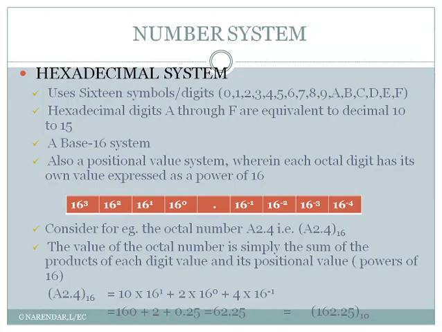In a similar way, to find the value of a hexadecimal number, we simply find the product of each hexadecimal digit and its corresponding positional value, which is a power of 16 as shown in the above illustration. And finally we take the sum of all these products to get the value.